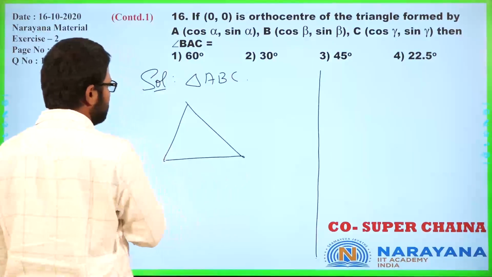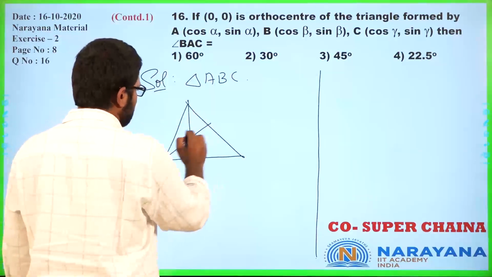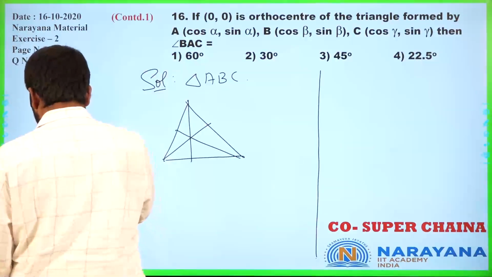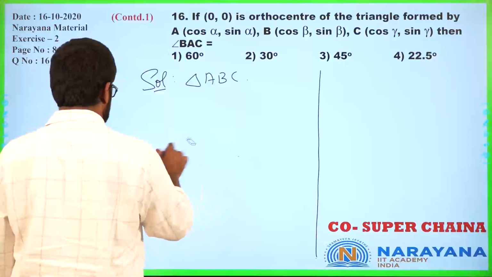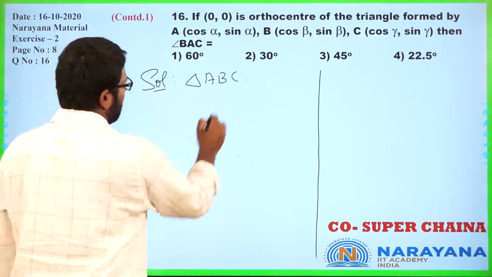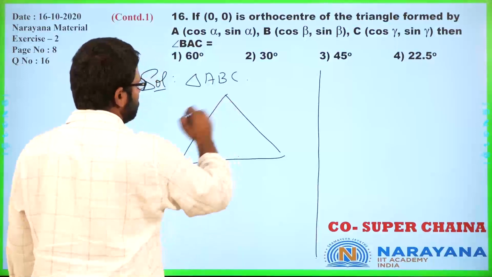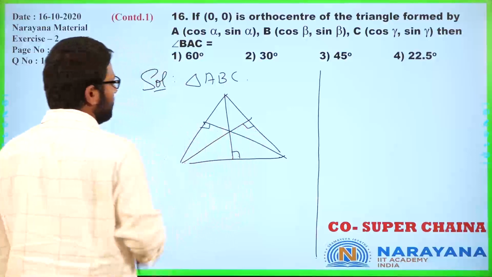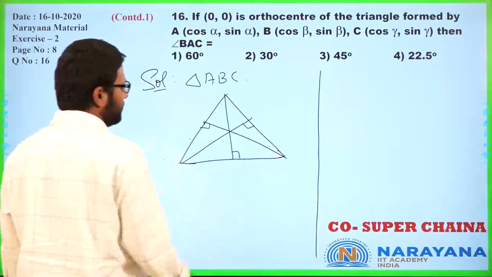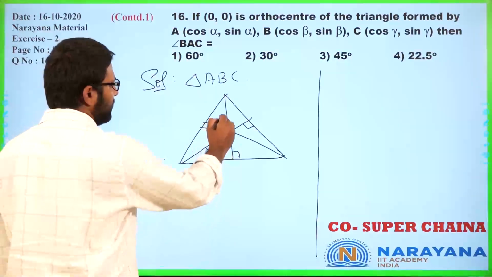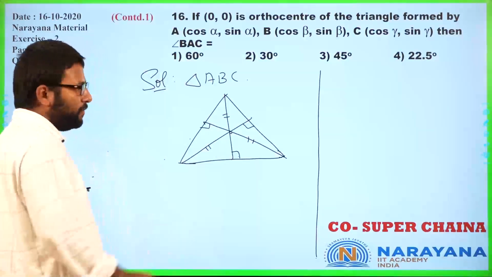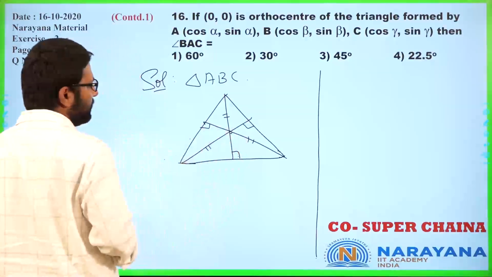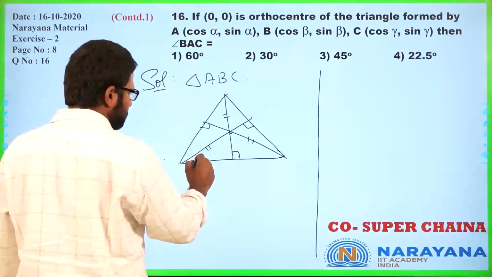We have a triangle in which the orthocenter is also the circumcenter. So the orthocenter, the point of intersection of the altitudes, is also the circumcenter, which means this point is equidistant from the 3 vertices. Once again, simply you can say because of symmetry, all the angles will be equal.